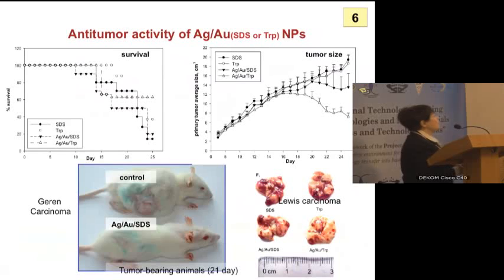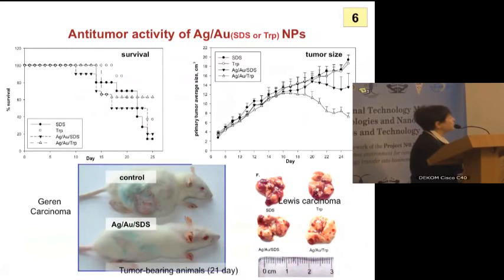What is interesting is that now it's very popular in the literature to use so-called mixing of nanoparticles connected with amino acids and living organisms. And we can compare. We compared this activity using an organic stabilizer for bimetallic nanoparticles and the amino acid tryptophan. In this case, this is Lewis carcinoma injected into mice.